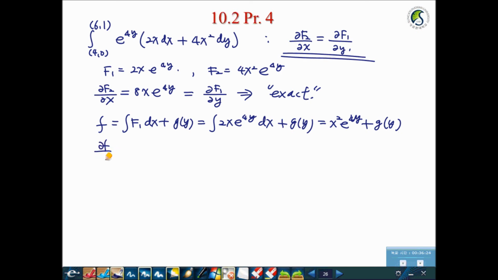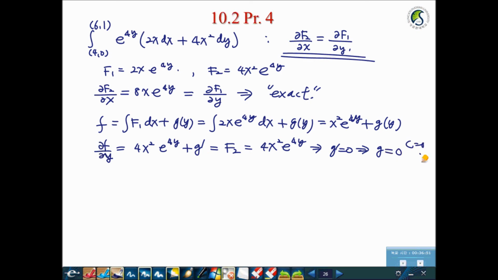And you have to partially differentiate with respect to y. So it's 4x squared e to the 4y plus g prime. That is F2, and that has to match, so g prime is 0. So g is 0, with c equal to 0.